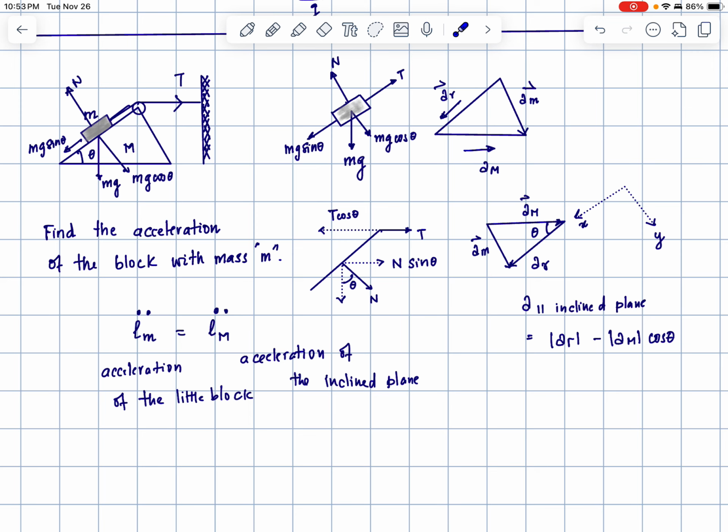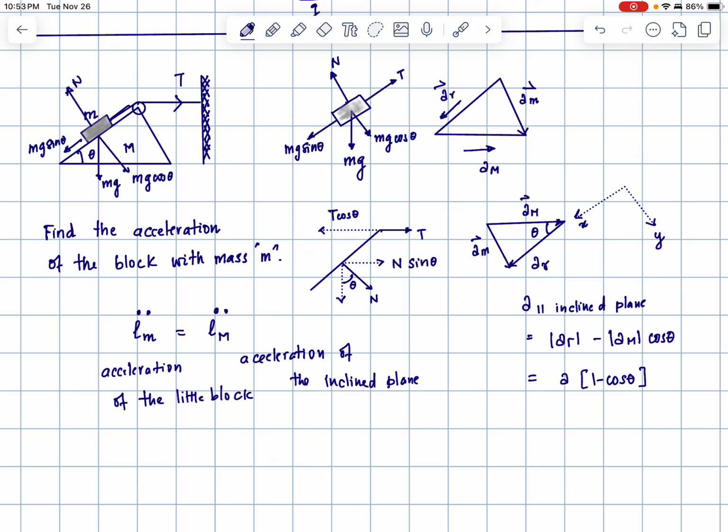Okay, so now we know that because of this constraint here, these two accelerations are equal. Okay, so what we do here is that, and that is equal to a, so we just get a times 1 minus cosine of theta.